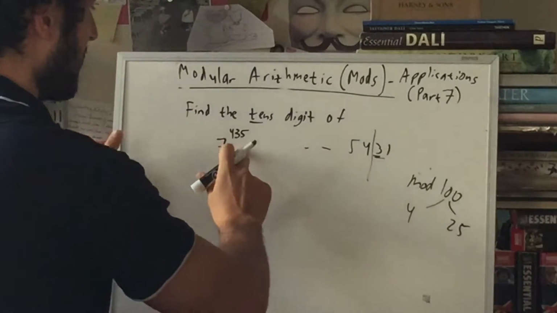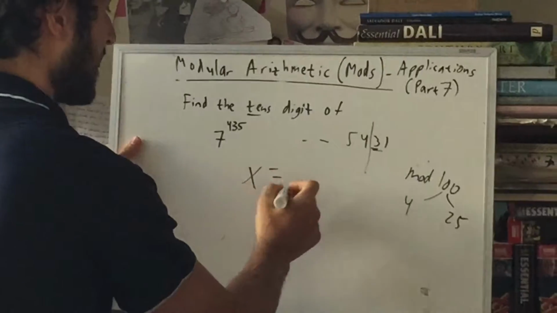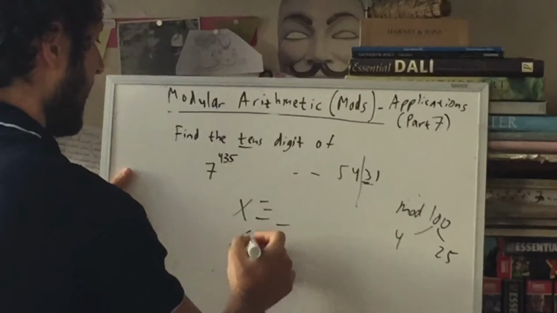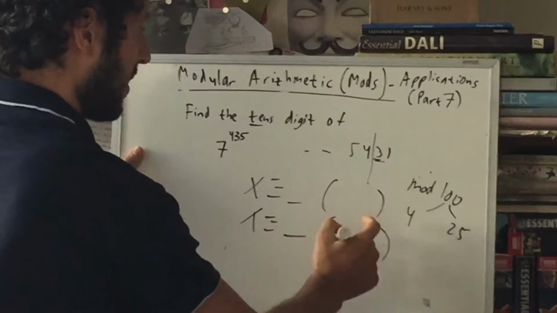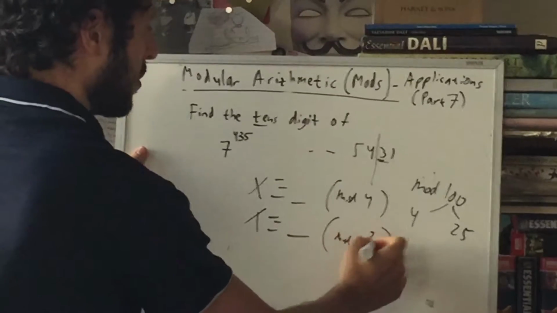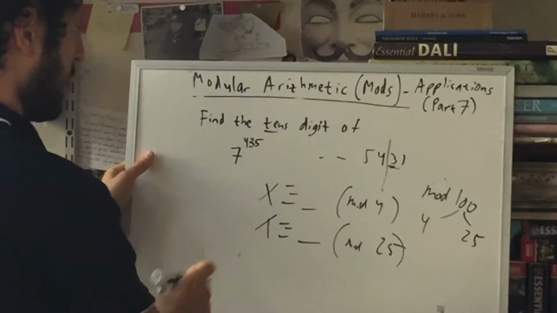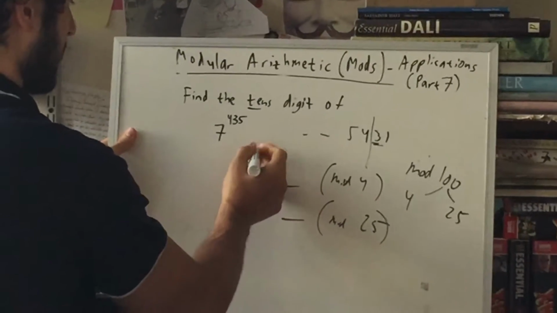So let's consider this number just like in one of the previous videos where we had x congruent to something mod something, and x congruent to another something mod another something. In this case we want mod 4 and mod 25, and instead of x, we're trying to simplify this.